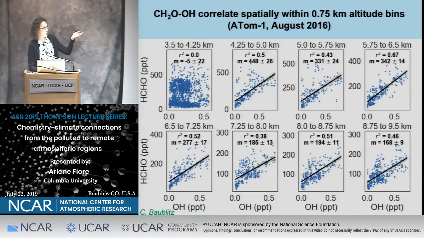This is an example where she bins into 3/4 of a kilometer altitude bins. You'll notice this big mess here. It turns out she's finding that these are two different populations with different NOx levels, and there's a lot of detail that still needs to be dug into.